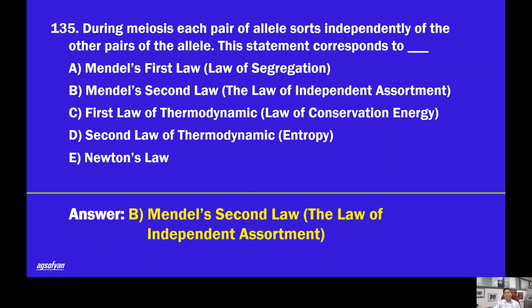This is the second law of Mendel's. Remember, the first law is the law of segregation, so the alleles will separate. And then the second law: when they separate, they will sort and combine with other alleles independently. So this is the independent assortment.